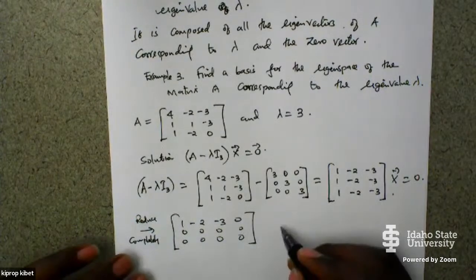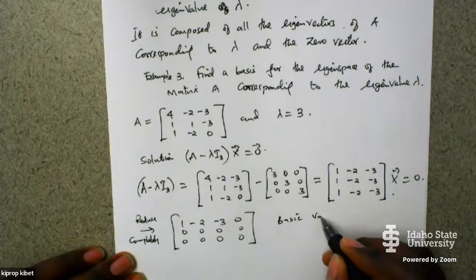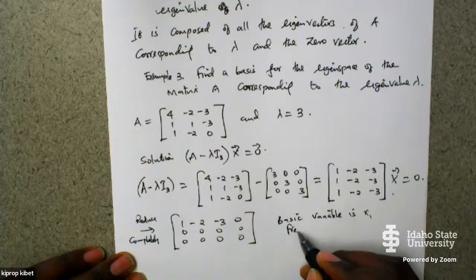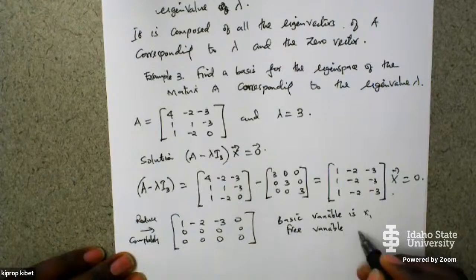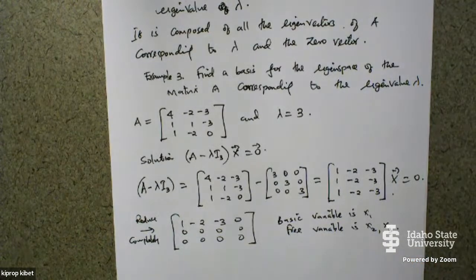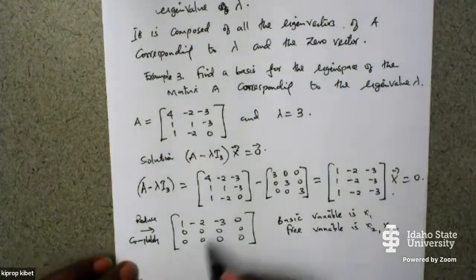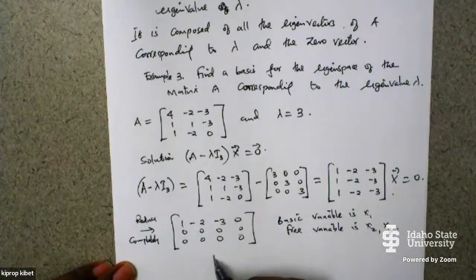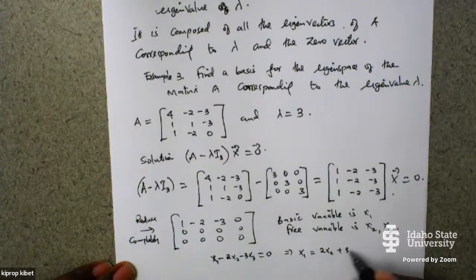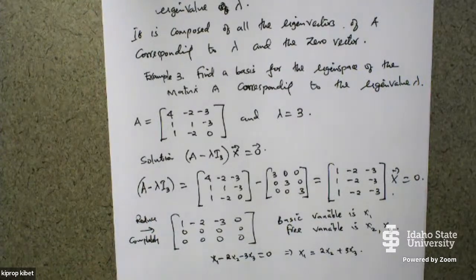So therefore, our basic variable is x1, and our free variables are x2 and x3. So then our new linear equation here is x1 minus 2 x2 minus 3 x3 equals 0. So then x1 equals 2 x2 plus 3 x3.